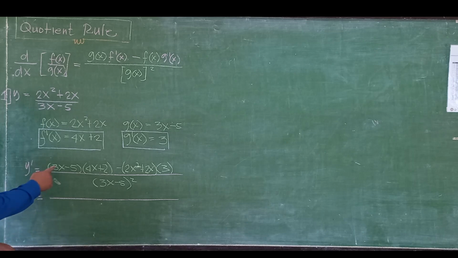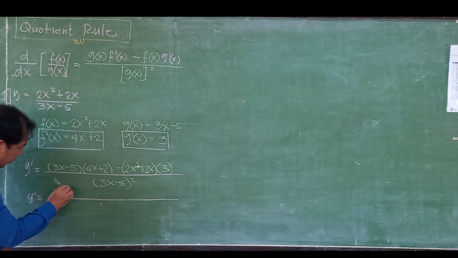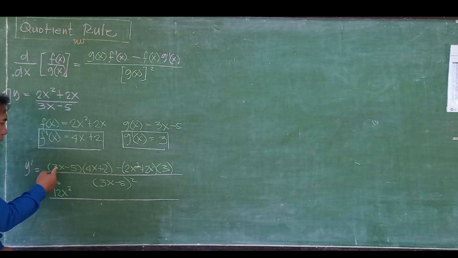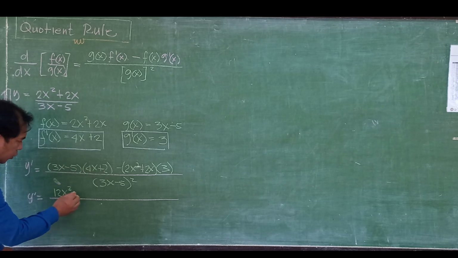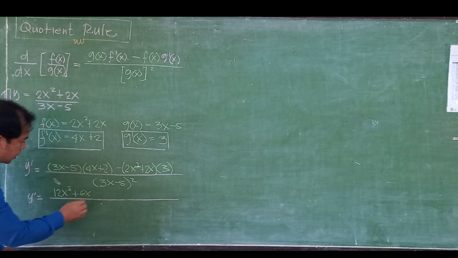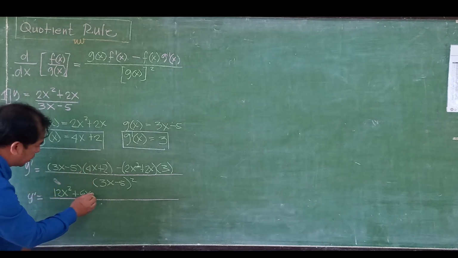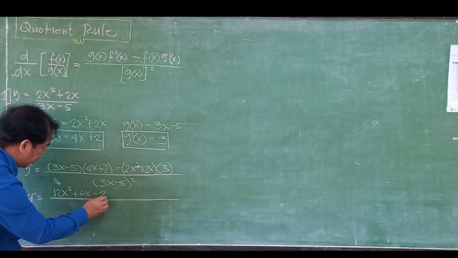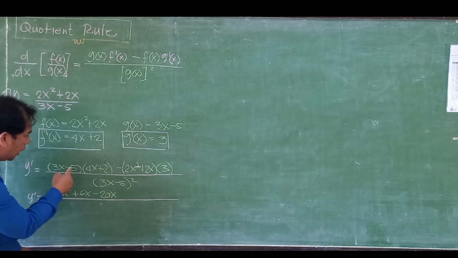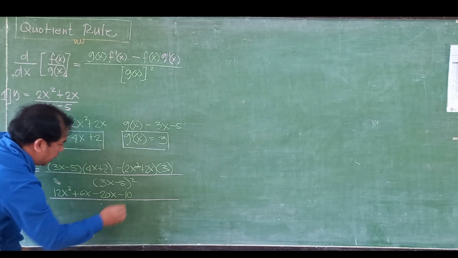Let's try to multiply. 3x multiplied by 4x is the same as 12x raised to 2. Multiply this one, 3x multiplied by 2 will give you plus 6x. And how about this one? That is minus 20x. How about this one? That is minus 10.